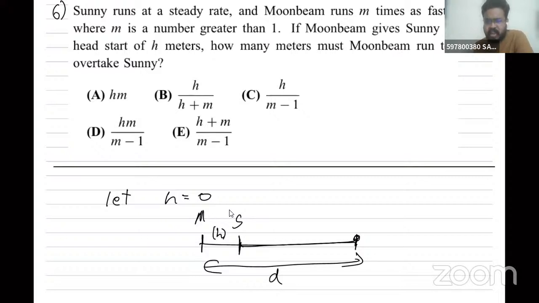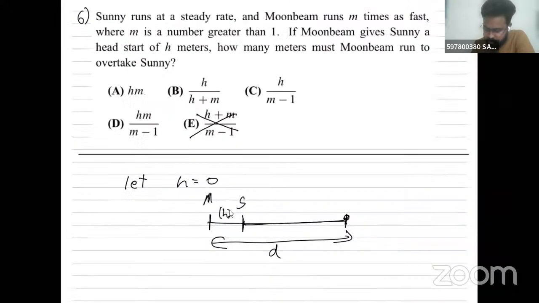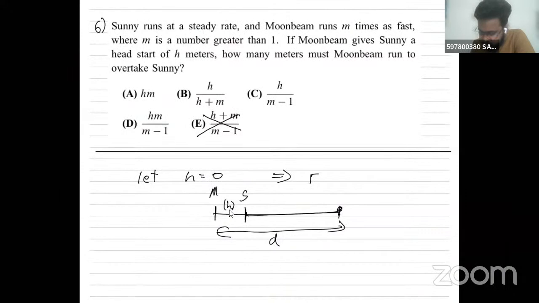If we give no head start, instantly Moonbeam will overtake because Moonbeam is obviously faster than Sunny, right? So we'll eliminate options. Putting h equal to 0 does not make this option 0. So I'll remove option E.